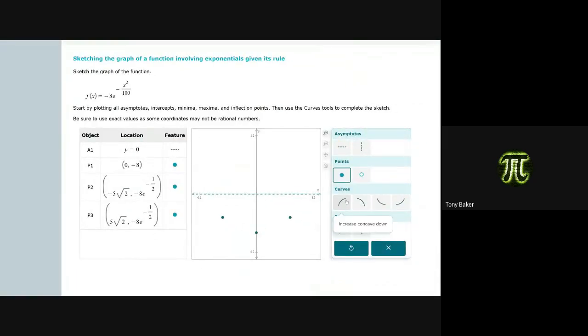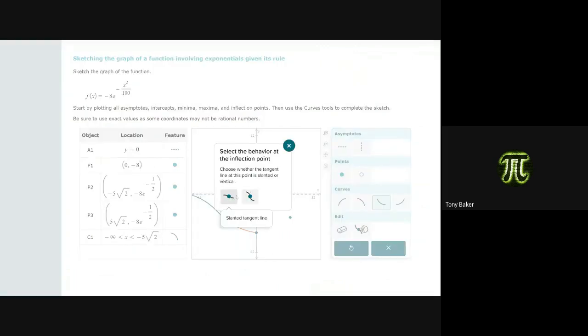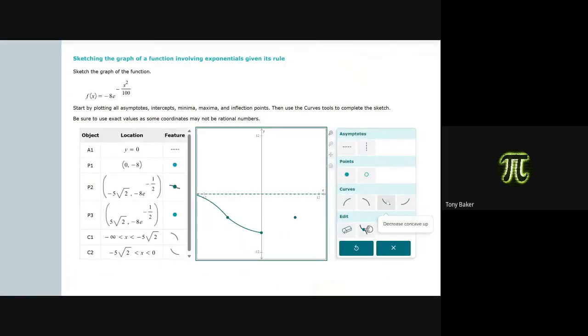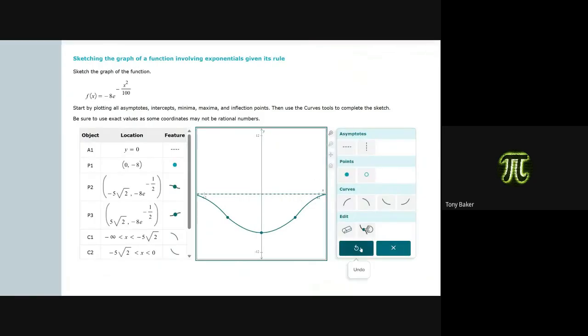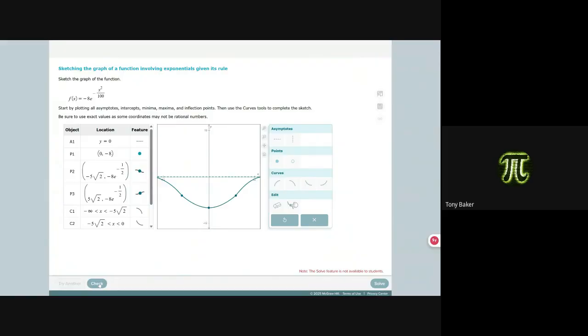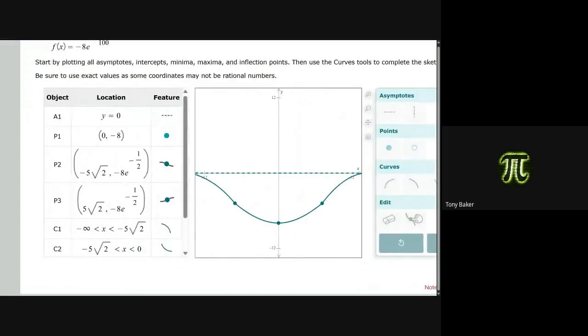All right, so we have decreasing concave down, decreasing concave up, increasing concave up, and decreasing concave down.